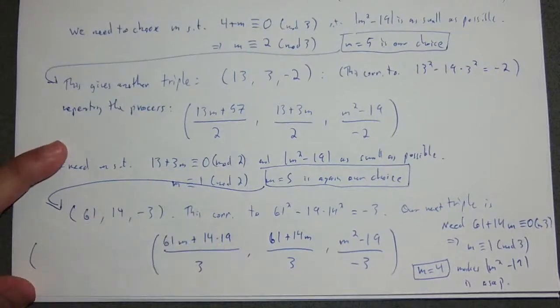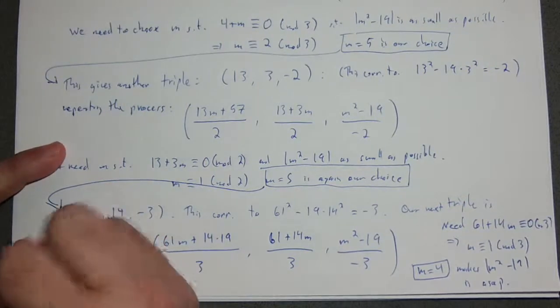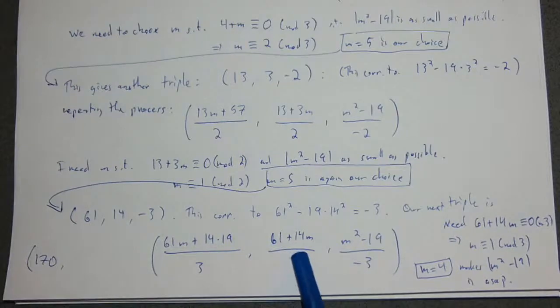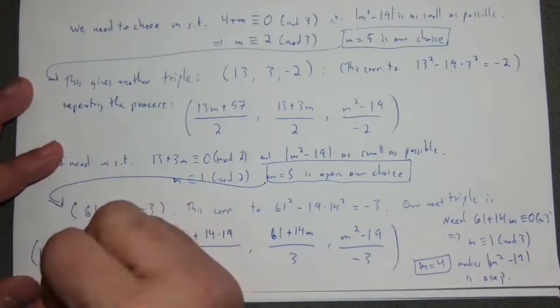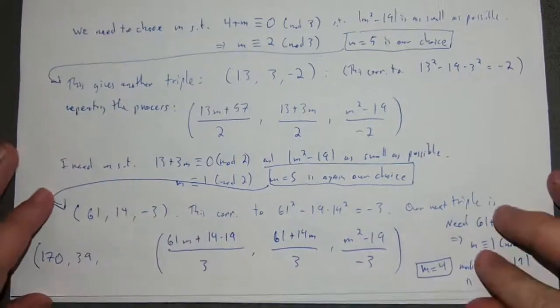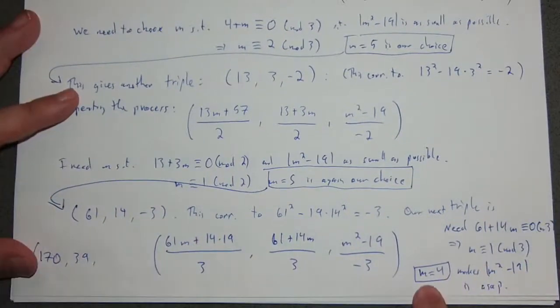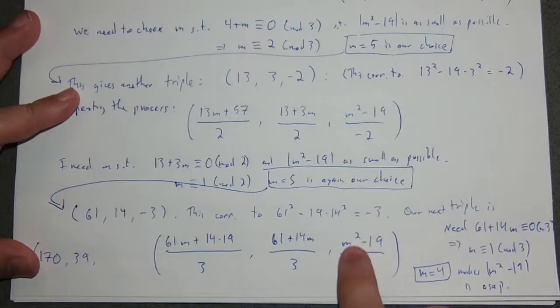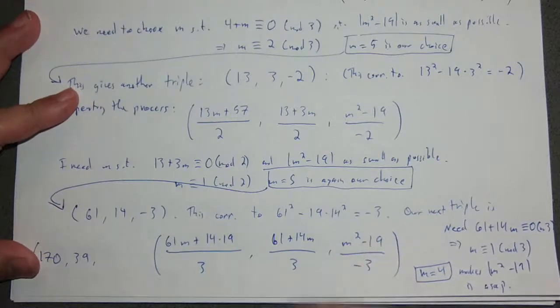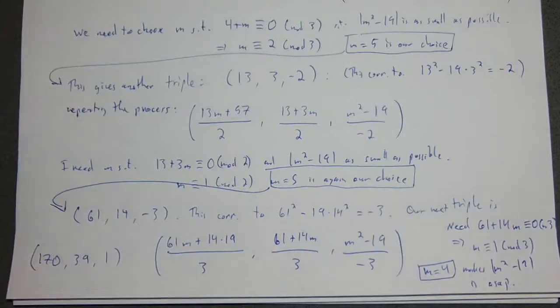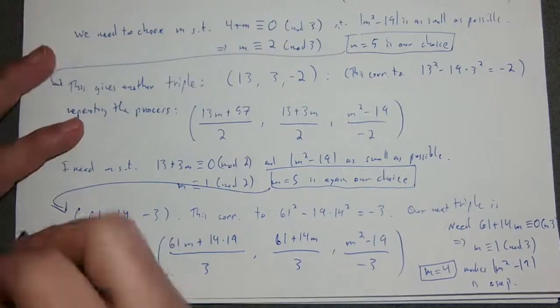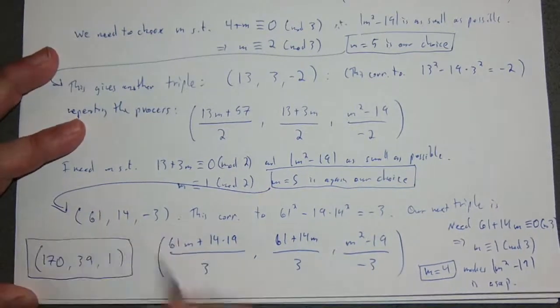If you compute that, it is 170. And I have 61 plus 14 times 4 over 3. That is 39. And, oh, look what happens. M squared 16 minus 19, that's minus 3 over minus 3, that's 1. So this is my triple. It ends in 1, and I am done.